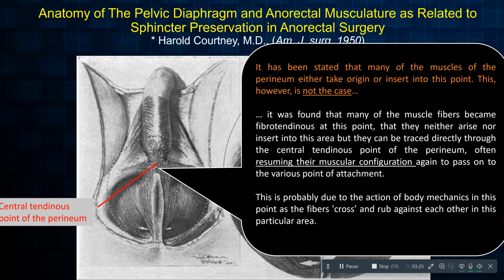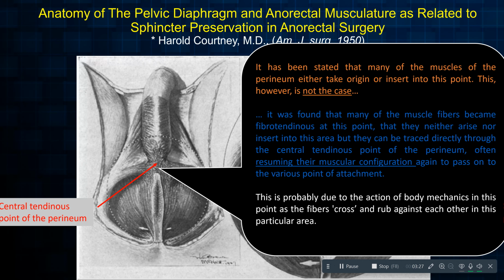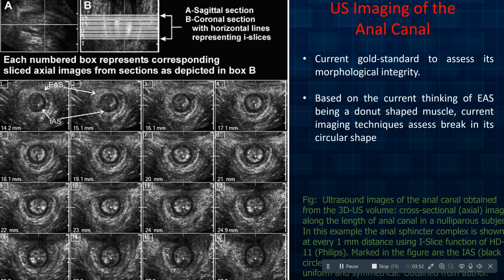It was found that many of the muscle fibers become fibrotendinous at this point, that they neither arise nor insert into this area, but can be traced directly through the central tendinous point of the perineum, often resuming their muscular configuration again to pass on to the various points of attachment. This is probably due to the action of body mechanics at this point, as the fibers cross and rub against each other in this particular area.